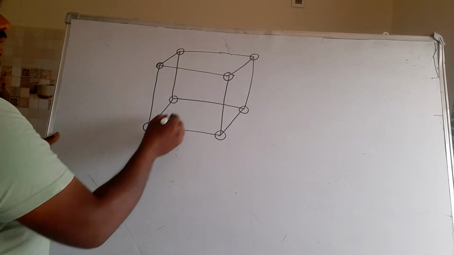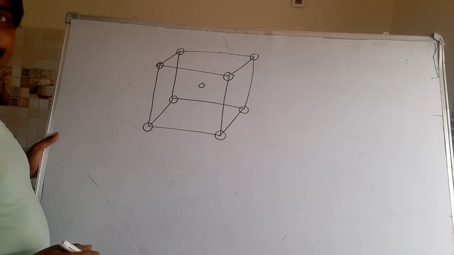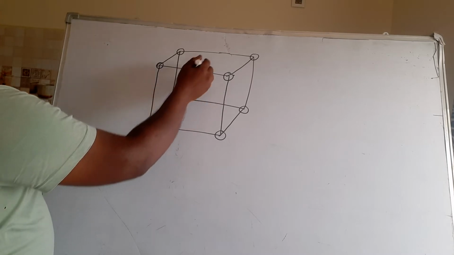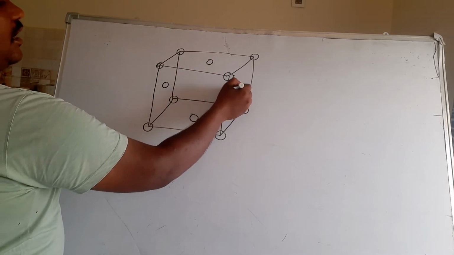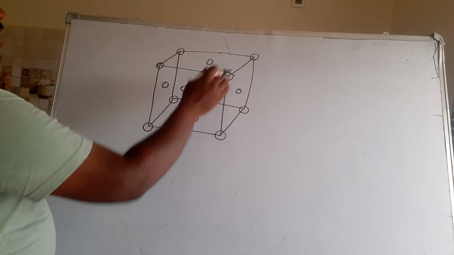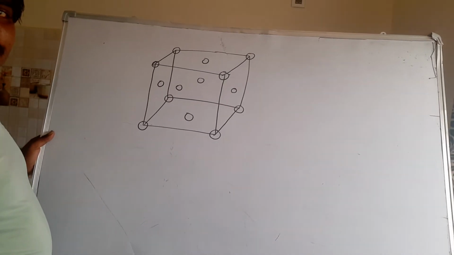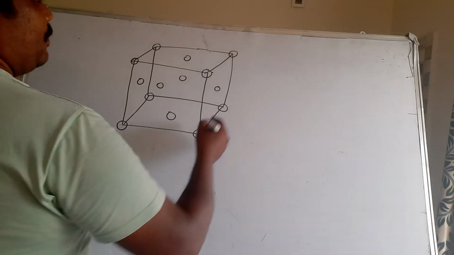Whereas in BCC there are 9 lattice points. In FCC, in face center there is an extra lattice point. 8 plus 6, what are you having? 14 lattice points.